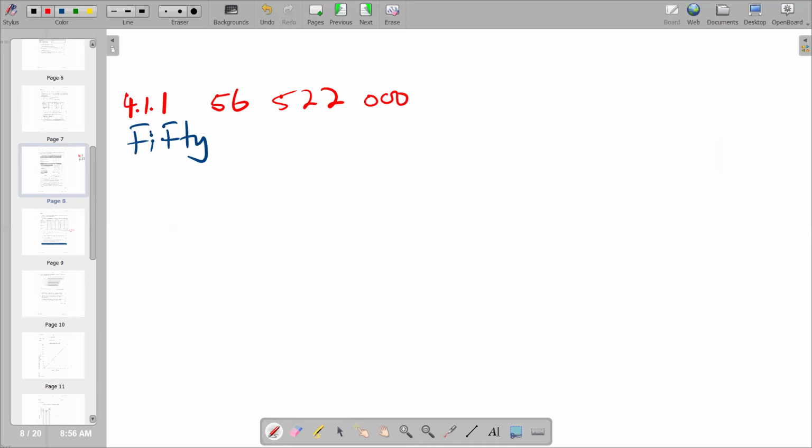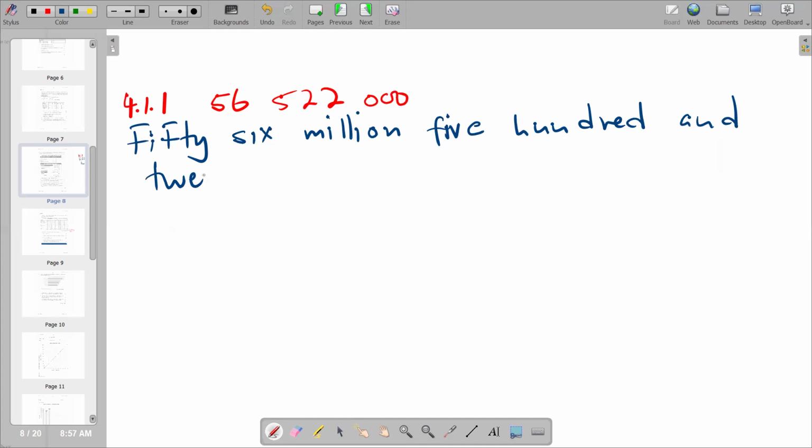So it becomes 56 million. So exactly, this is how we are supposed to present it in words: 56,522,000. So that is what we got for that part.